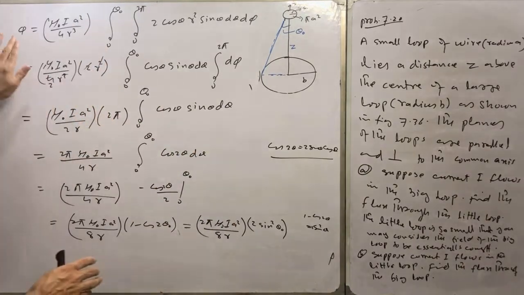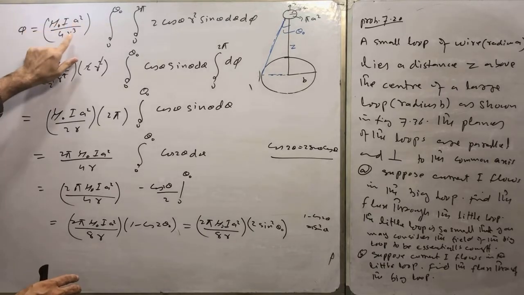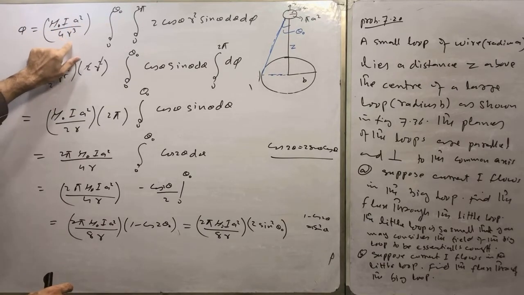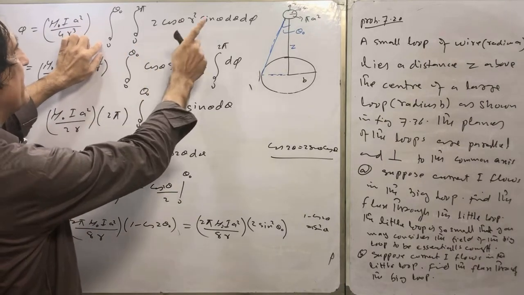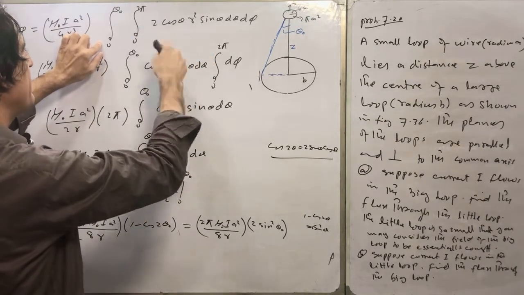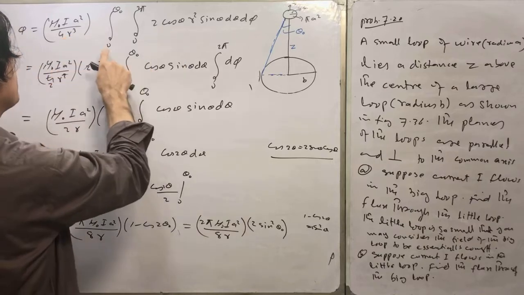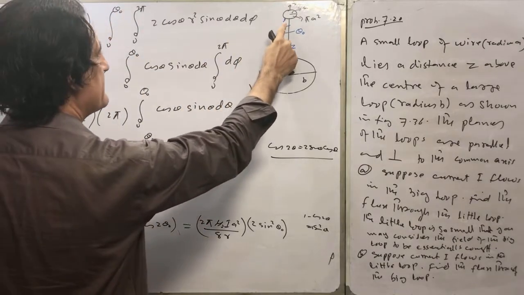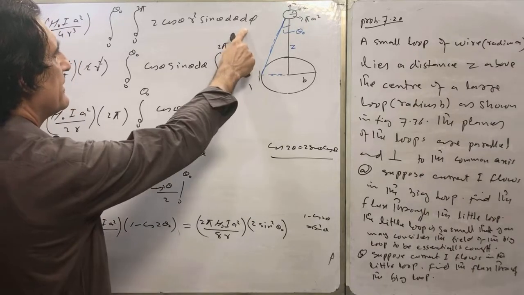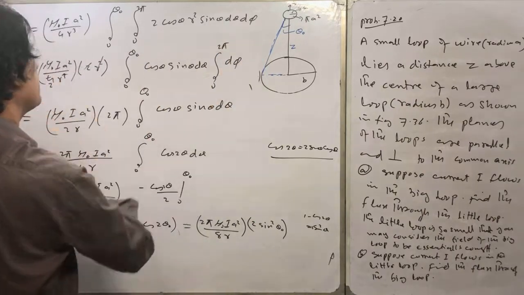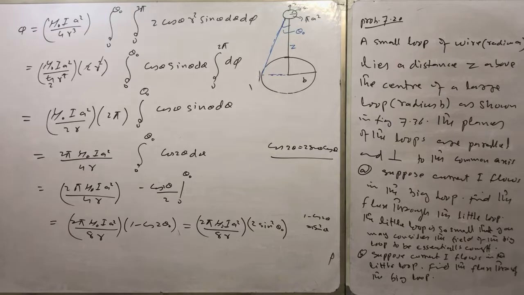Further, phi is equal to mu naught I a square divided by 4r cube, and then we have two integrations. One integration is over theta and the other over phi. From 0 to theta naught, the angle theta naught, and the other one is phi, which is the rotation 0 to 2 pi.